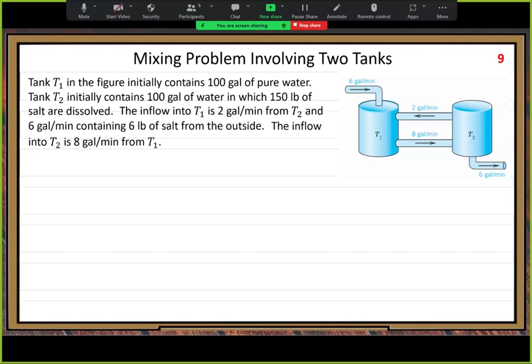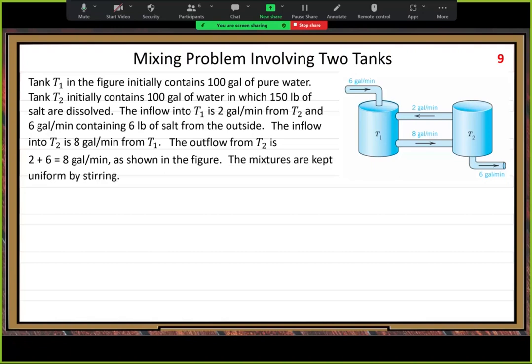And the outflow from T2 is 2 plus 6, 8 gallons per minute, as in the figure. The mixtures are kept uniform by stirring. Find the salt contents, the y1 function and y2 function, in T1 and T2 respectively.